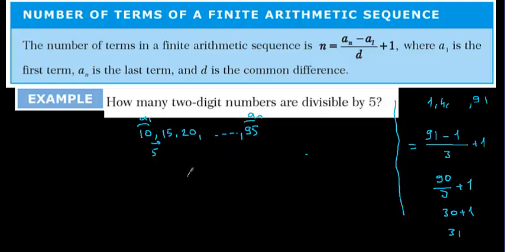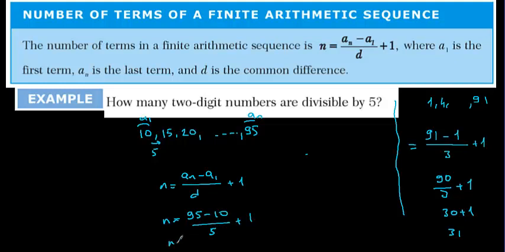This is the last term, an, and this is the first term, a1. The number of terms is n equal to an minus a1 over d plus 1. So an is 95, a1 is equal to 10, and the common difference is 5, plus 1.